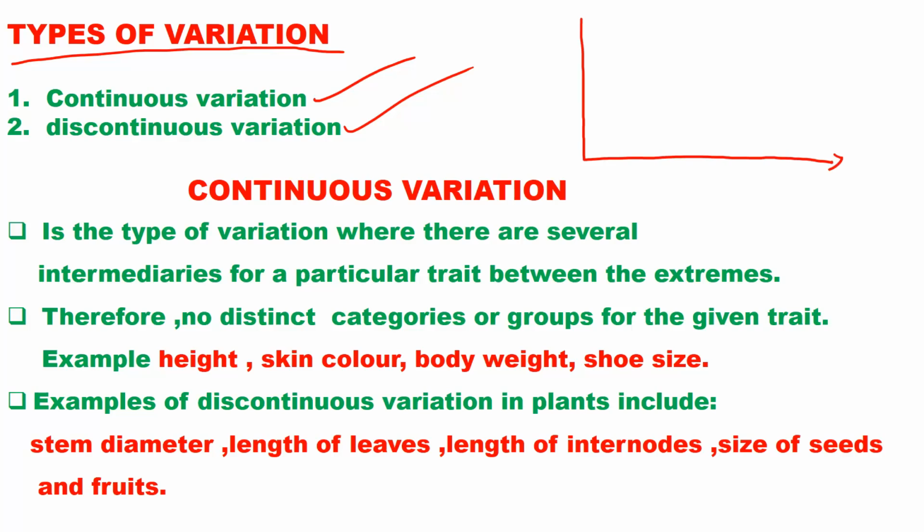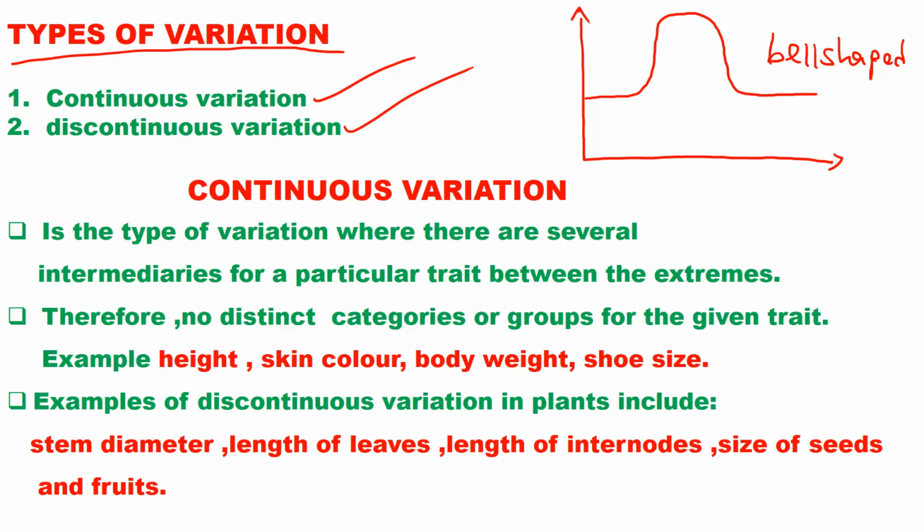If you have a graph and you plot the height, you're going to find that between the one that is tallest and the one that is shortest, there's going to be a bell shape. In terms of the graph, when you find something like this, just know that that is continuous variation.